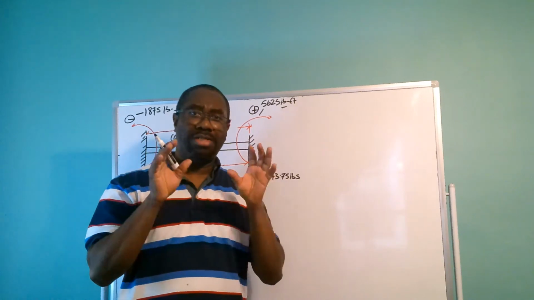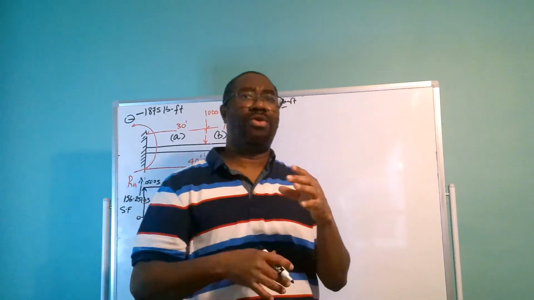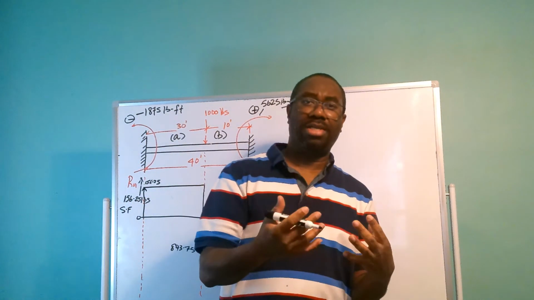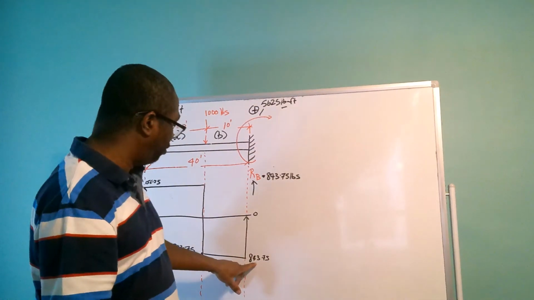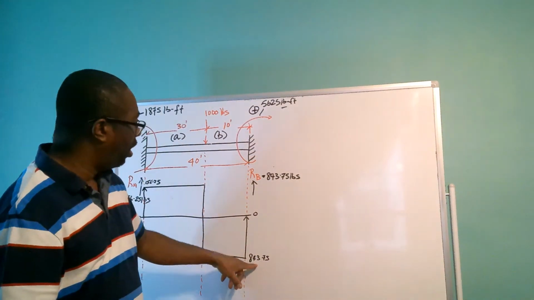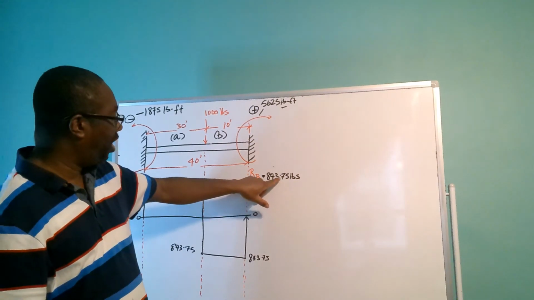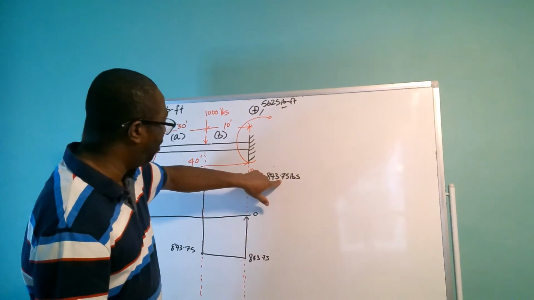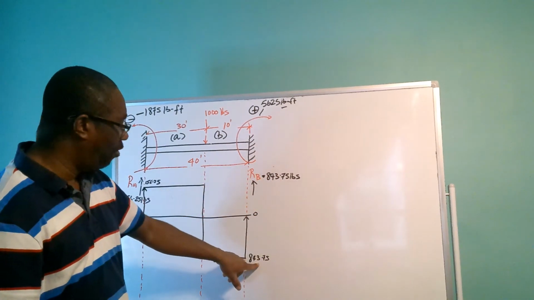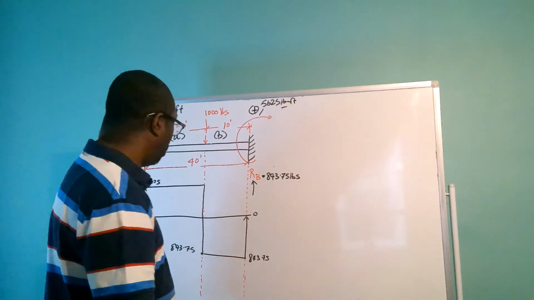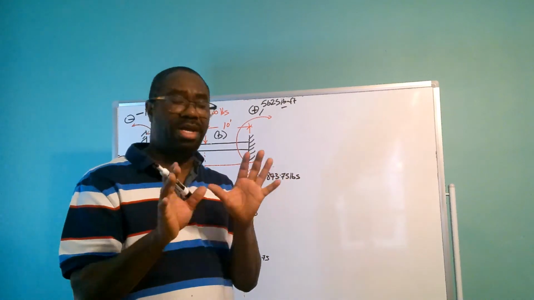And how we determine that our shear force diagram is closed correctly, the force here of 843 is equivalent to the reaction of 843.75. So we have 843.75 here and 843.75 right here. So our shear force diagram is correct.